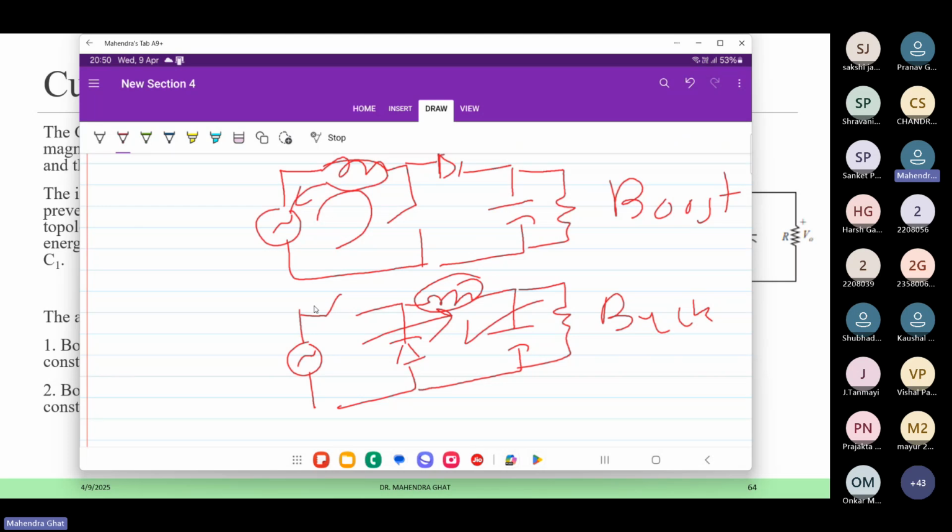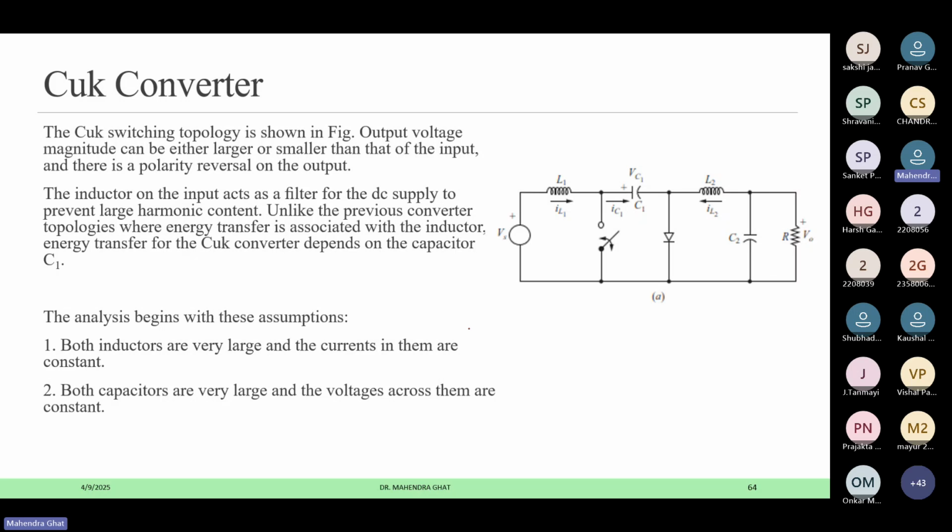That was the difference between the buck and boost in terms of filtering. The Chuk converter is also a buck boost converter. The output can be either larger or smaller than the input, and there is polarity reversal of the output.